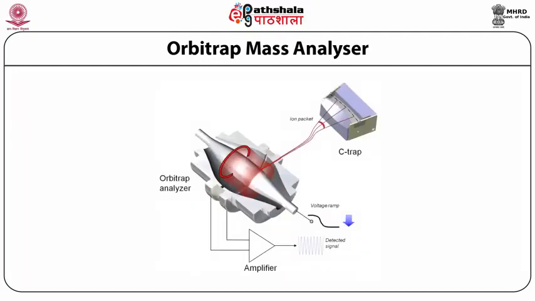You can see that the ions enter into the Orbitrap mass analyzer from an ion source and they get separated. The C trap is there, which is an ion packet, and the ions are released into the Orbitrap analyzer and they are amplified and recorded in a detector to give a spectrum.